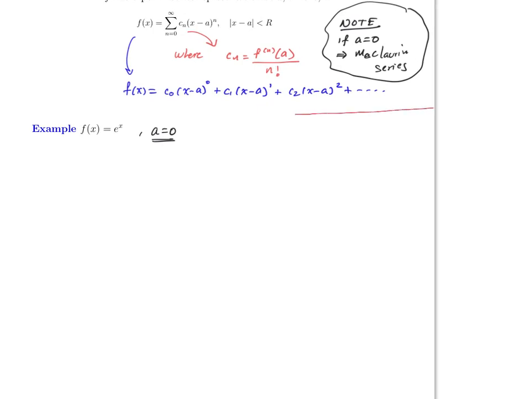So far, in section 11.9, we have these functions, which I told you should just memorize. This is equal to the sum of x to the n. We also have sine of x, and there was a (-1) to the n in the front.